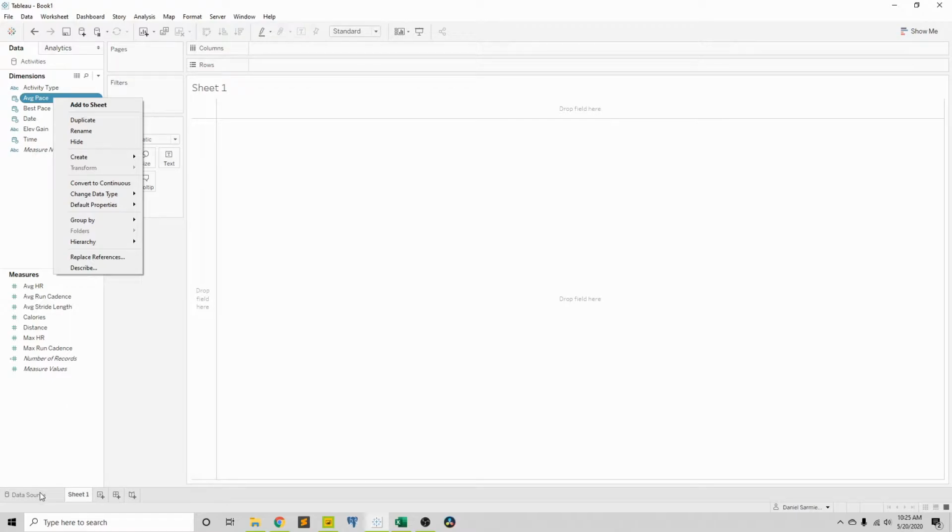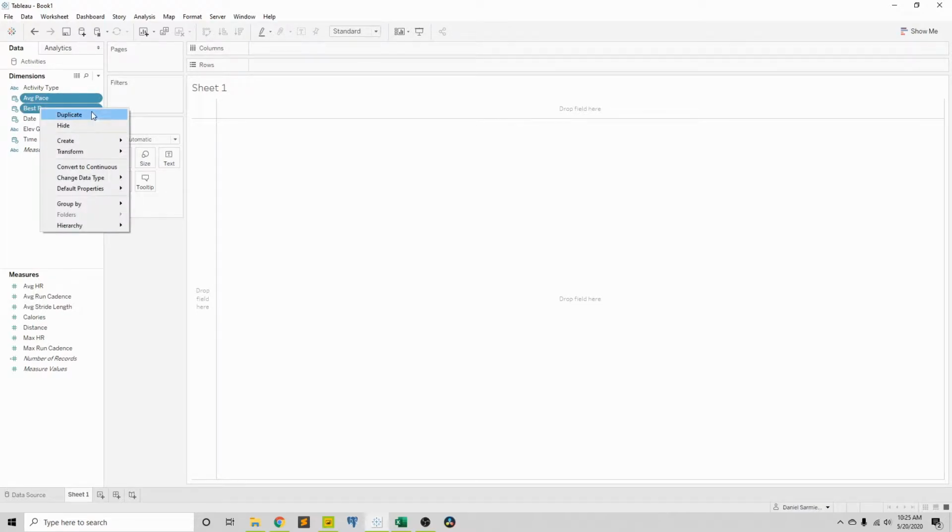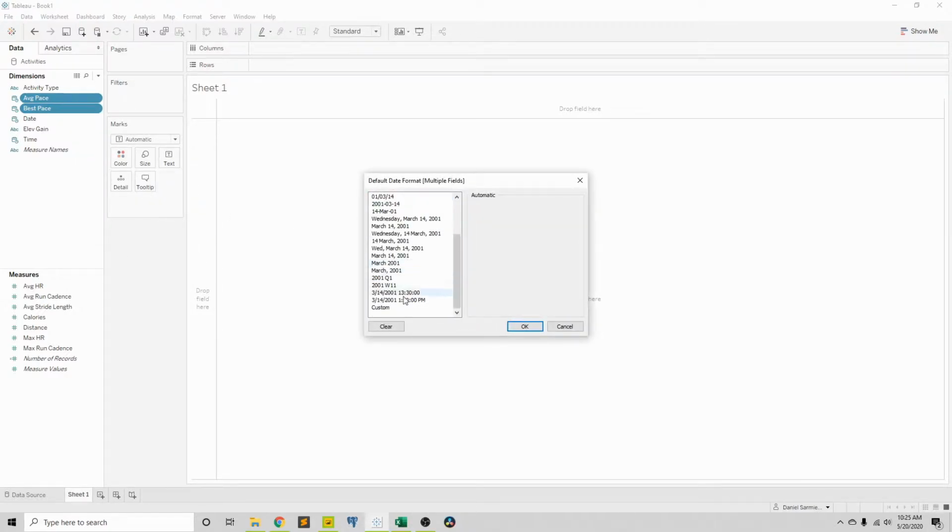So the first configuration was in the data source, but now we're going to change, actually, let's change it for both of these fields. We're going to change the average pace and best pace fields. We're going to change the date format for both of these fields to be a custom format, including hours, minutes, and seconds.